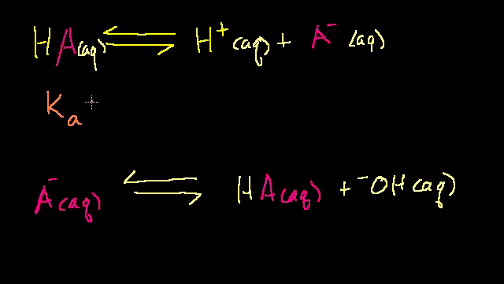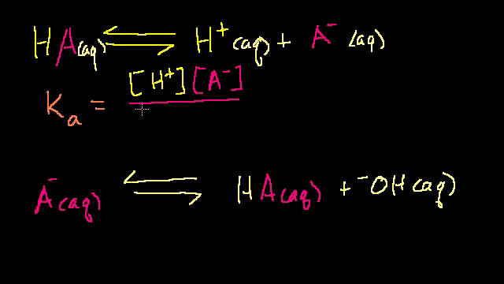And so this is going to be equal to its products, so the concentration of my hydrogen times my concentration of whatever my conjugate base was, divided by my concentration of my original weak acid. So this would be the concentration of HA.